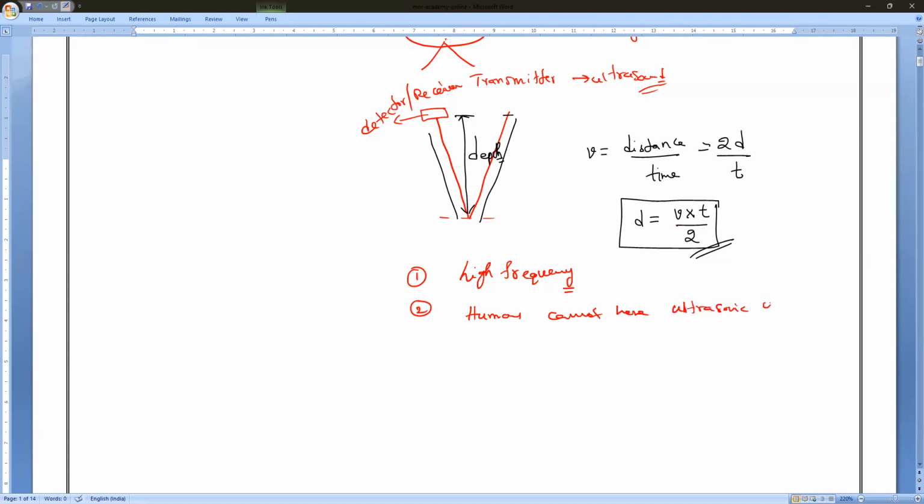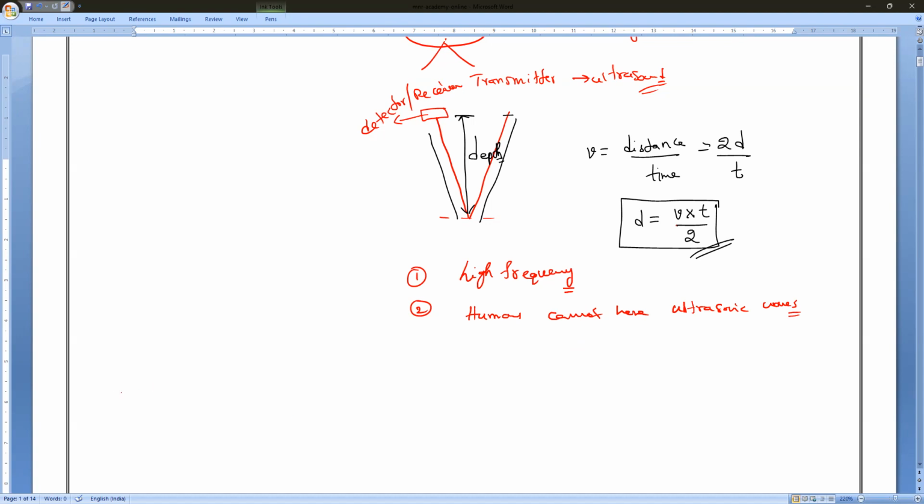Normal sounds and ultrasonic sounds do not mismatch; they cannot be confused with other noises like humans, ships, and so on. So that is what you have to remember.